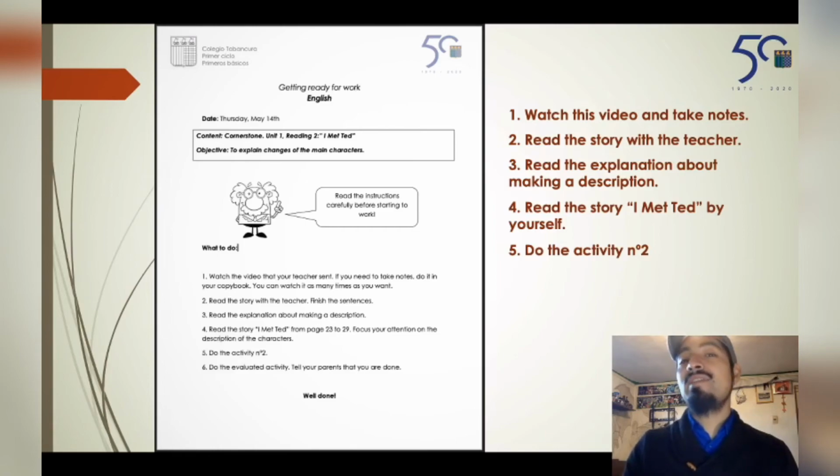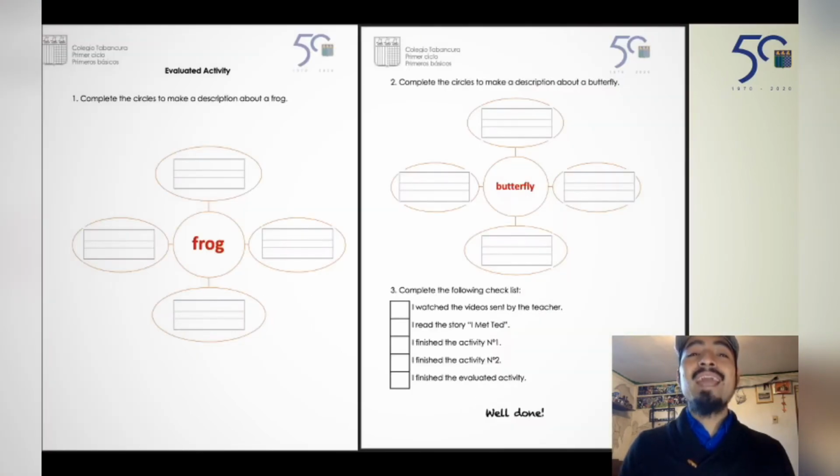After doing the activity number 2, you have to do the evaluated activity. Here we go. I will read the instructions for you. You have to remember how to make a description. Remember that? Okay, you can watch this video so many times if you want. Then you can go to this evaluated activity. It says, number 1, complete the circles to make a description about a frog.